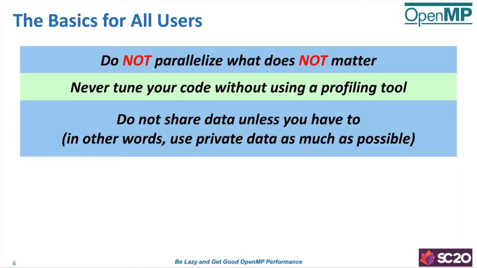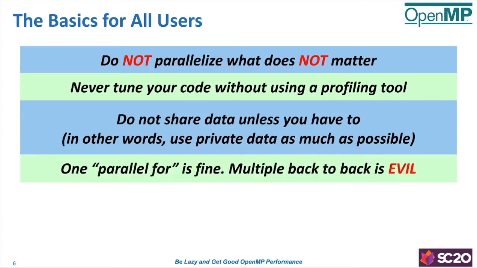That simple rule already helps in addressing OpenMP performance issues. Another one is that one parallel for is fine, multiple back to back, that's evil. I'm going to say a little bit more about that soon, but that's another thing that I see in too many applications, all these parallel for loops or do loops in Fortran, back to back. That's really a bad idea.